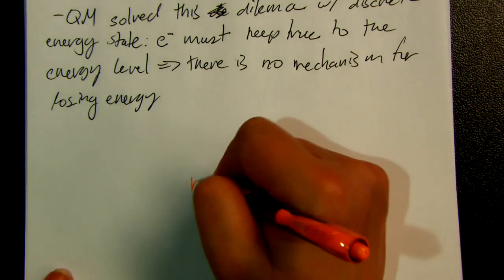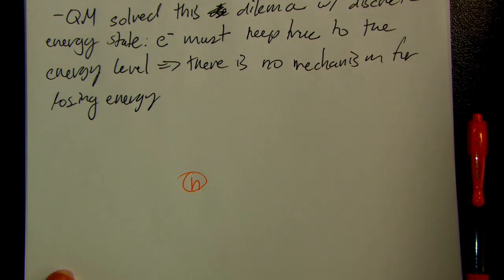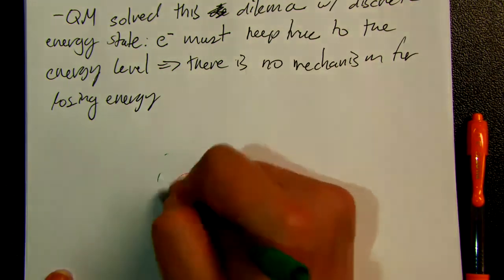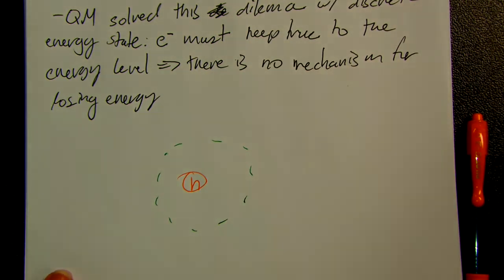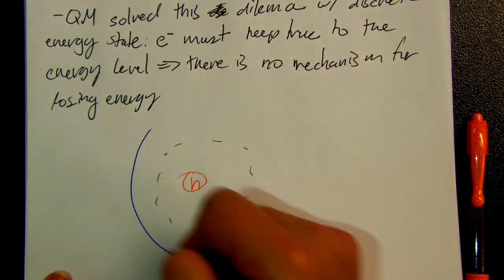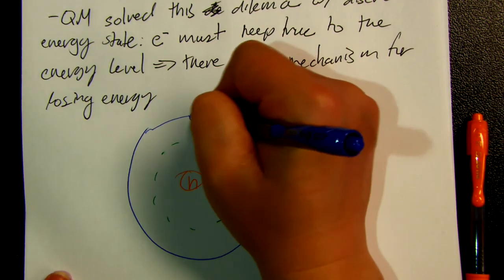So what you have, here's our nucleus, let's say, here's ground, here's our electron.